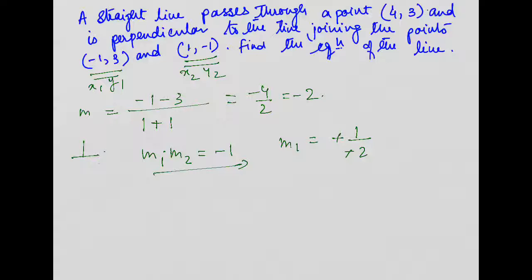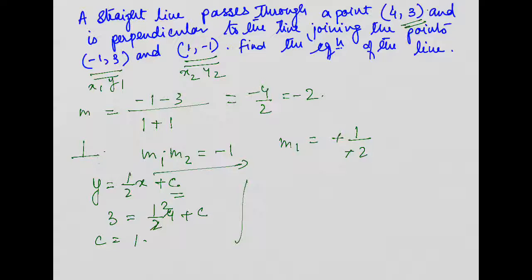I am writing first in the form of a linear equation, y equals half x plus c. So, this c intercept I will find by replacing these 2 points over here. So, what I am doing is 3 equals half into 4 plus c. So, c equals 1.